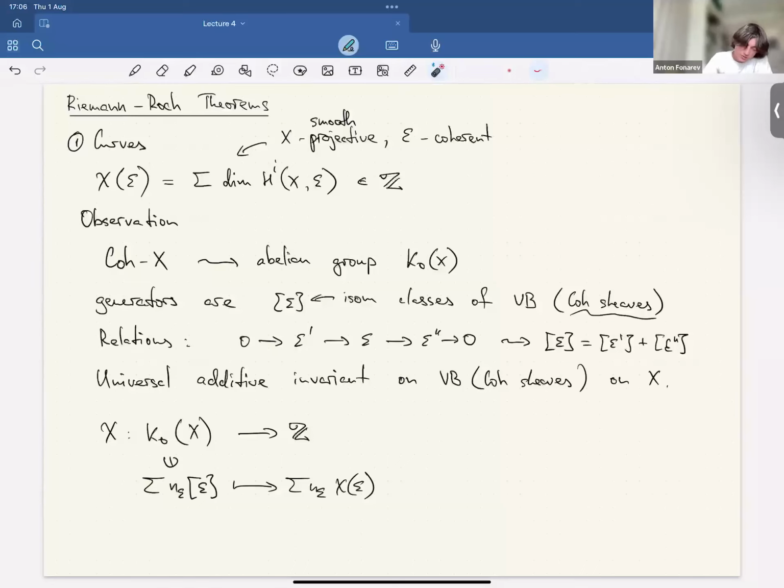So the only thing you need to check here is that chi of E does not depend, first of all, on the isomorphism class, but also chi of E equals chi of E prime plus chi of E double prime for any short exact sequence, and this comes from the long exact sequence of cohomology.